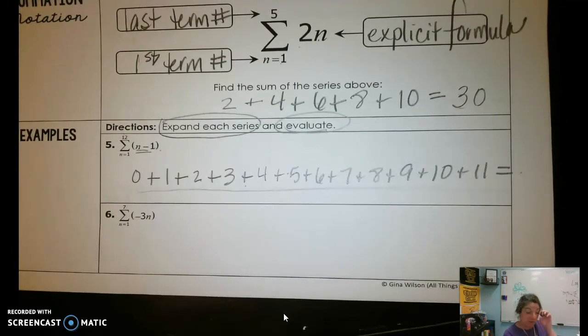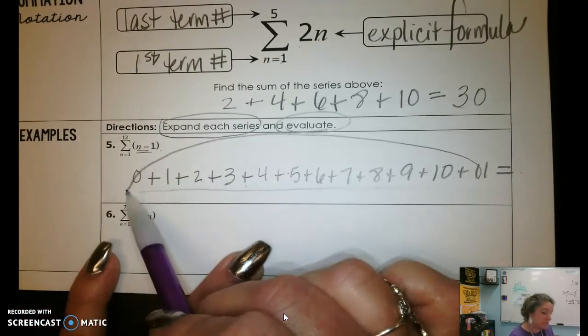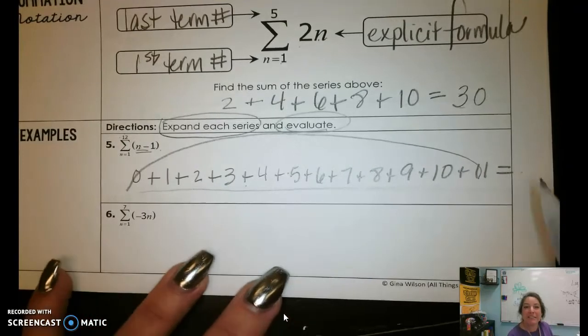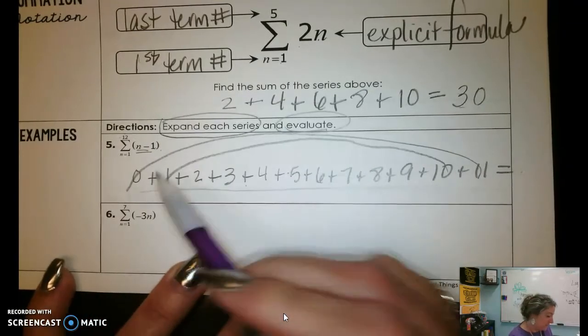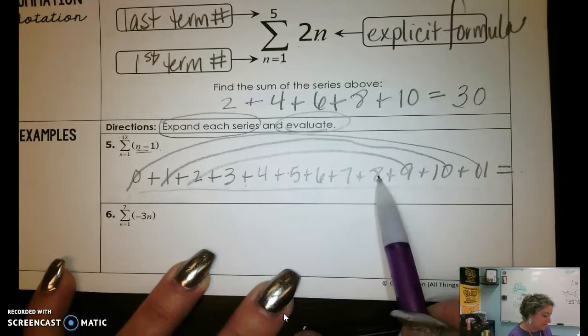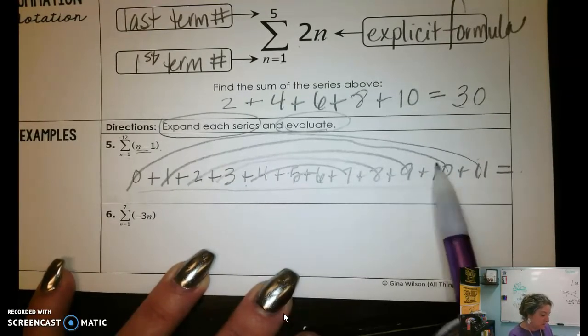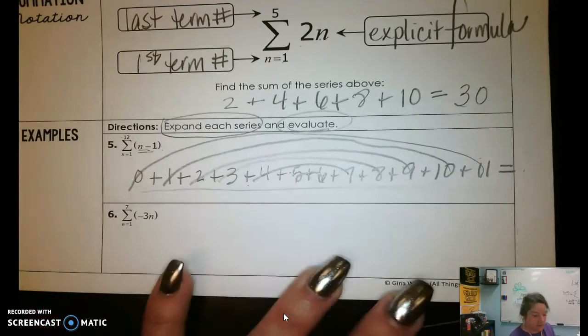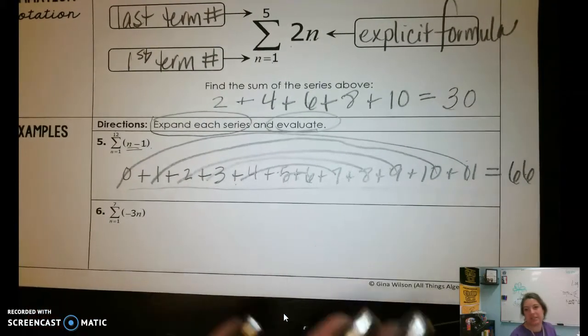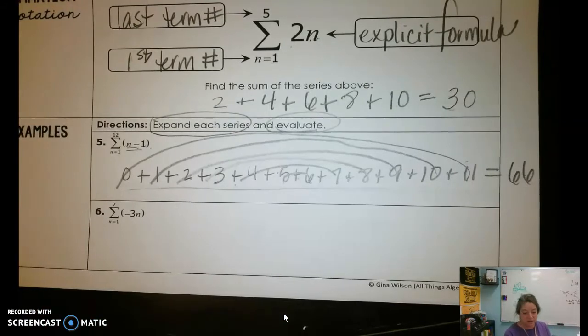Here's why I wanted you to put your calculator away. Ready? We're going to work smarter, not harder. 11 plus 0 is 11. 10 and 1 is 11. 9 and 2 is 11. 8 and 3, 7 and 4, 6 and 5. There's a total of 6 of them, so this answer is 66. Okay, work smarter, not harder.